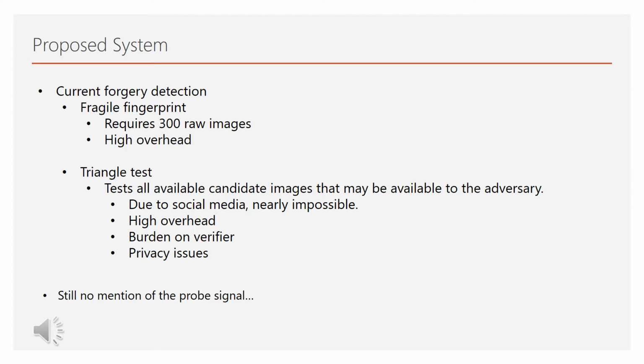Not to mention the overhead would be incredibly high. The amount of data you would need to transmit all of these images, the storage space, it would put a huge burden on the verifier. And this also creates privacy issues. The user may not want every single one of their pictures to be known by the verifier. But we still haven't mentioned the probe signal.